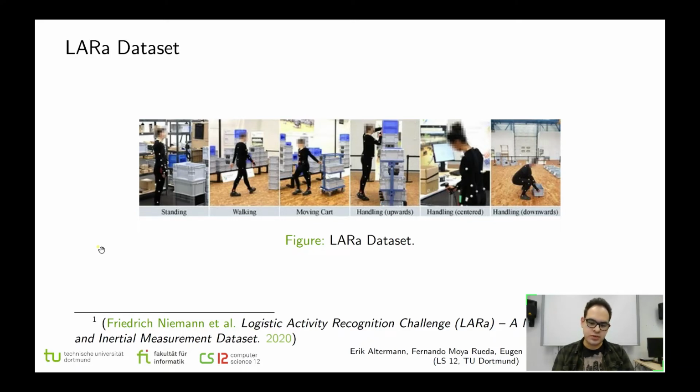It contains activities, or as we call them, classes, which are among others standing, walking, moving a cart around, and 3 different types of handling depending on your body and arm position, whether it's above your head, in front of your body, or at your feet.